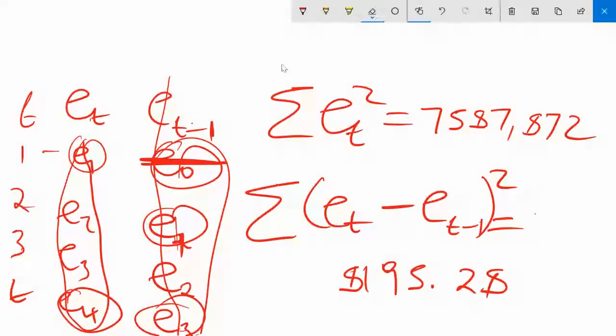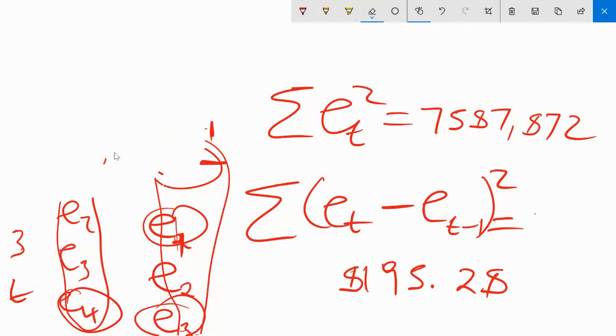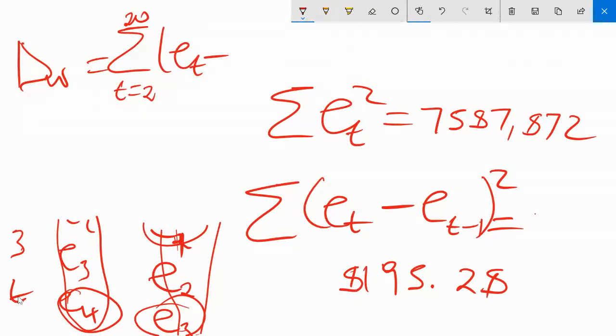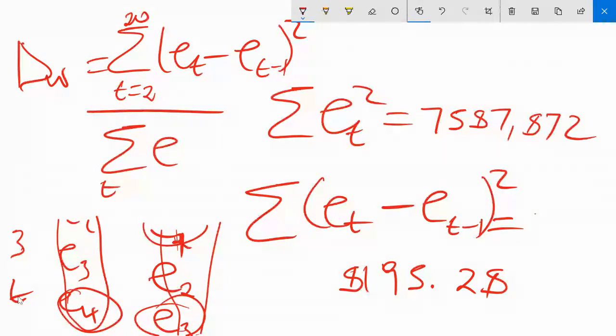We can go to the formula for calculating the value of the test statistic, which is the DW formula. The DW formula is the sum from T equals 2 to 20 of ET minus ET minus 1, all squared, divided by the summation of ET squared.